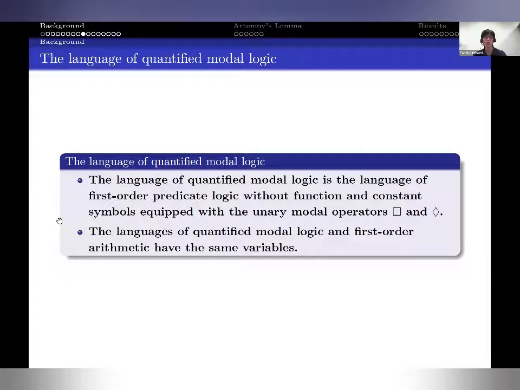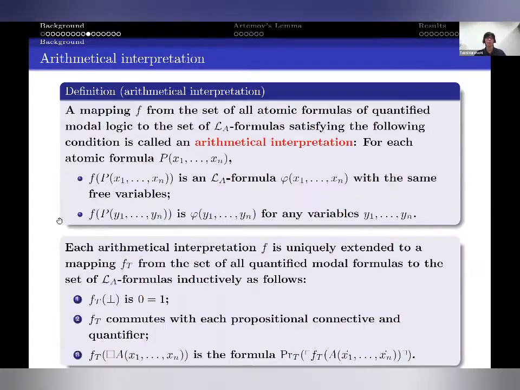So I assume that the language of modal logic and first-order arithmetic have the same variables. Then the notion of arithmetical interpretation can be extended to quantified modal logic.